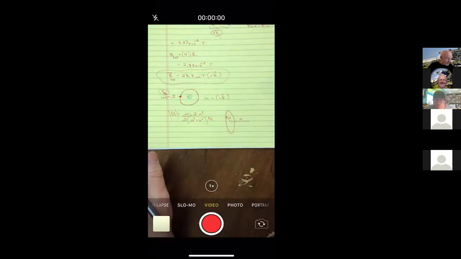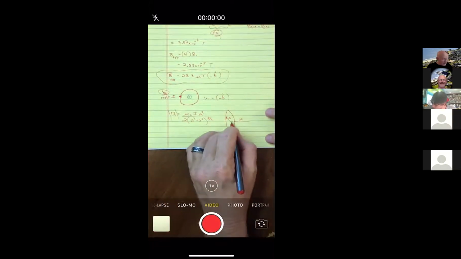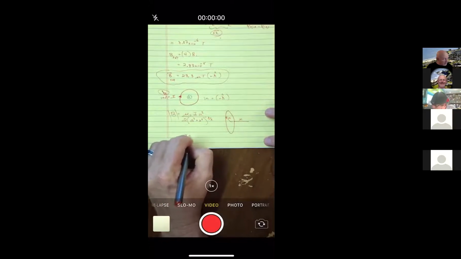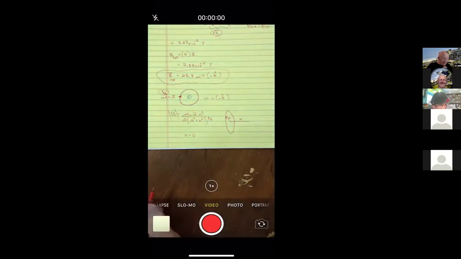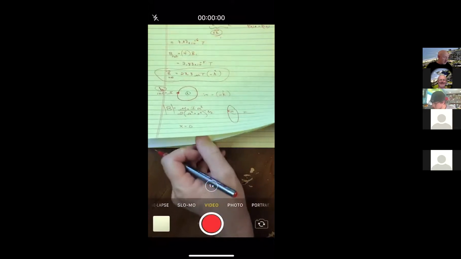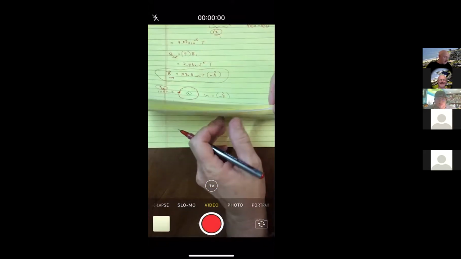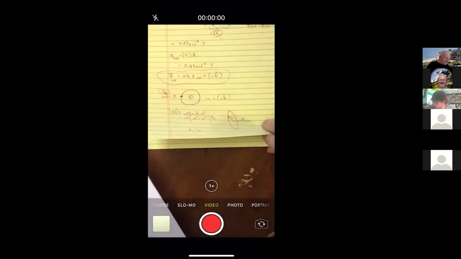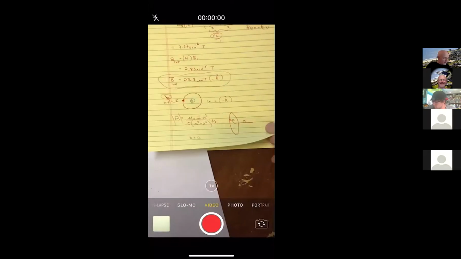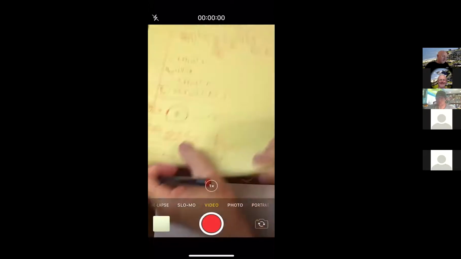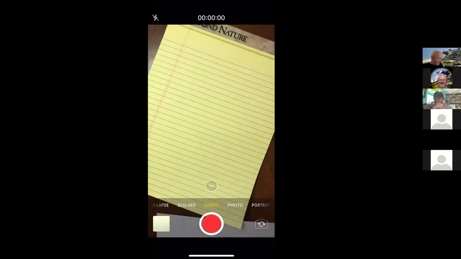Okay. So for us, in our problem, since they're talking about the center of it, the x would equal 0. And so this equation significantly simplifies when you set x equal to 0.